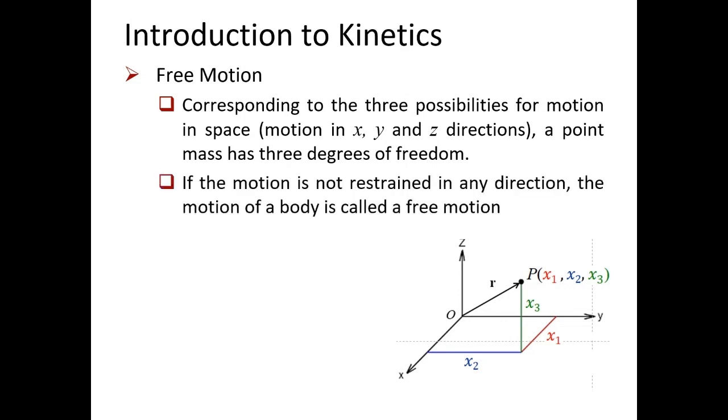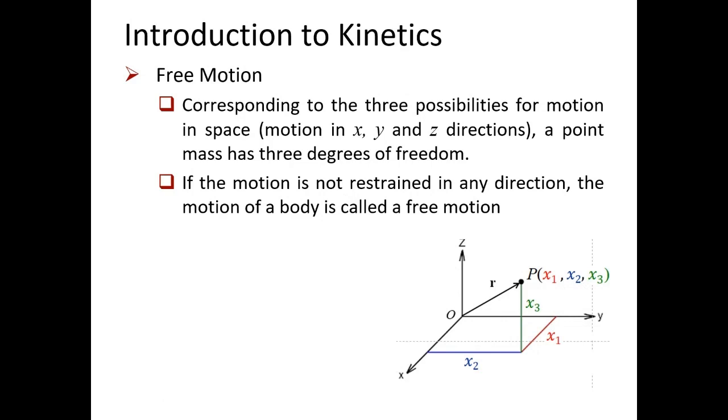That is only for particles. If it is a rigid body, then in addition to moving from one point to another point, rigid bodies will also rotate in space. Therefore, we have to consider rotation about the x-axis, the y-axis, and the z-axis.